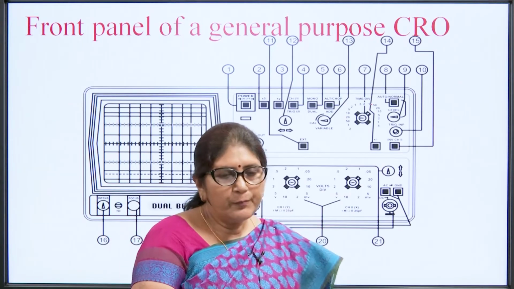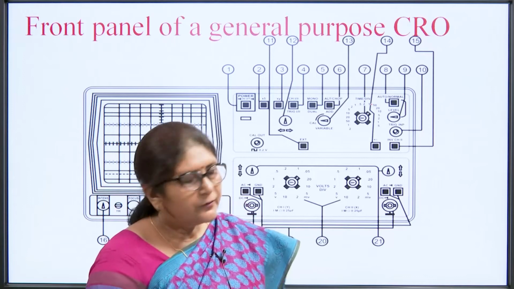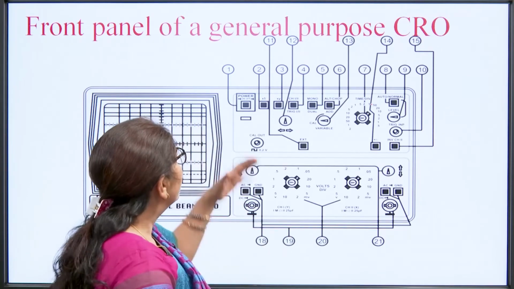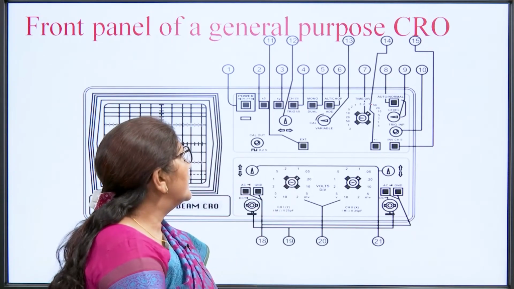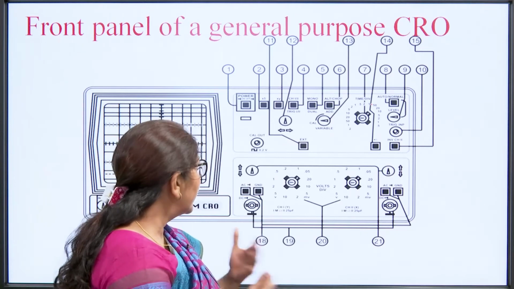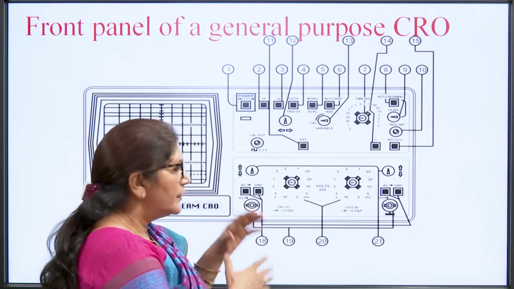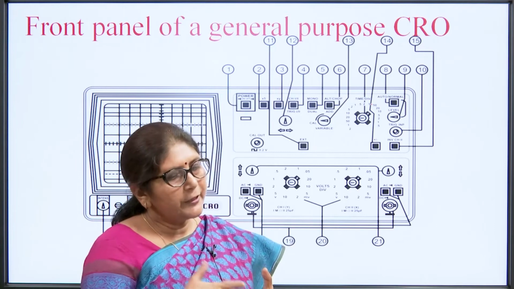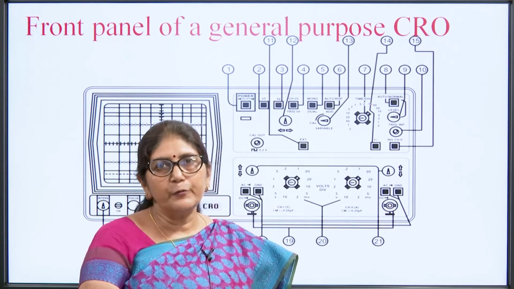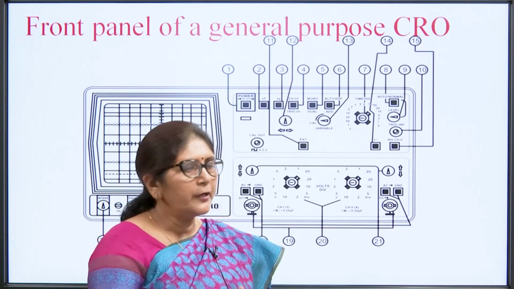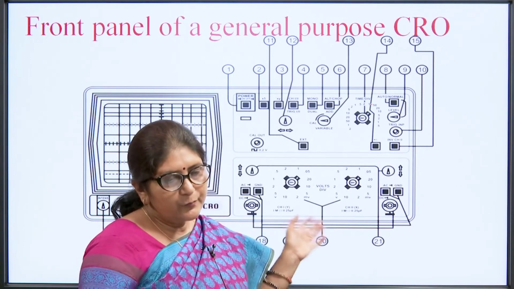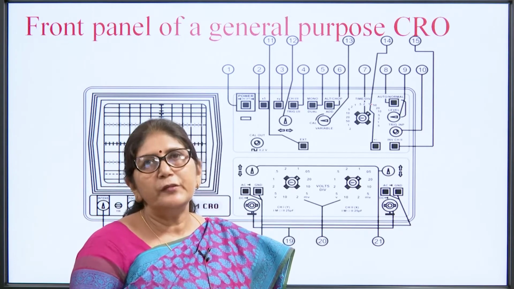This is the front panel of a general purpose CRO. Here I have numbered it so that you can see the functions of different knobs. There are so many varieties of CROs available in the laboratory, and that also depends on the manufacturer. Suppose this is also a dual beam CRO.